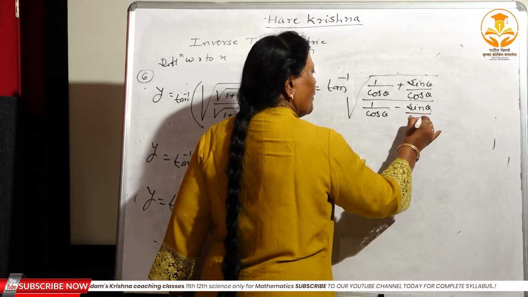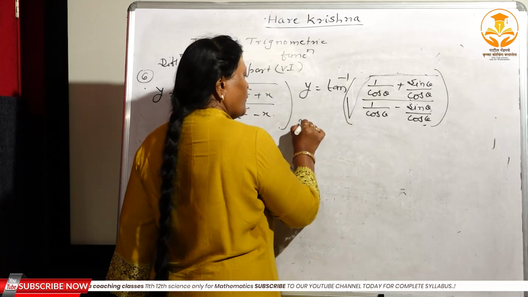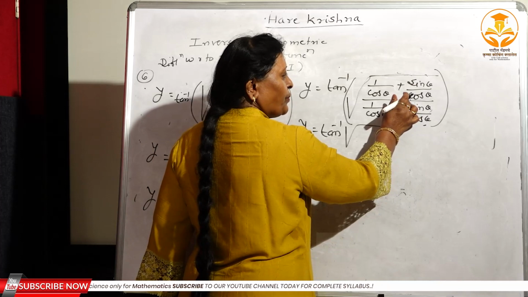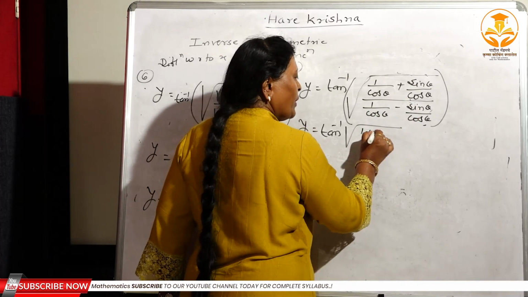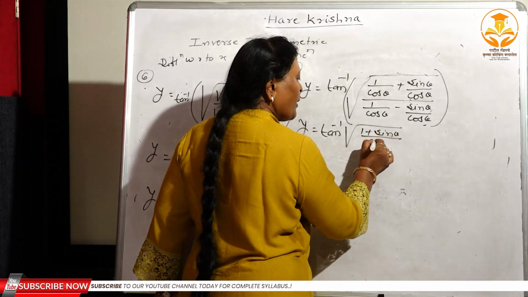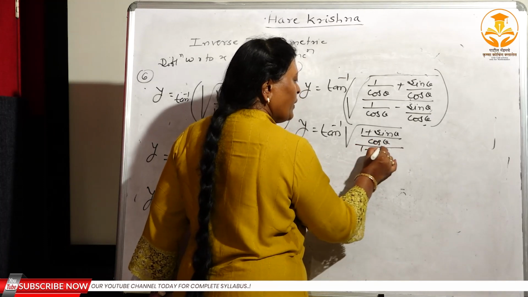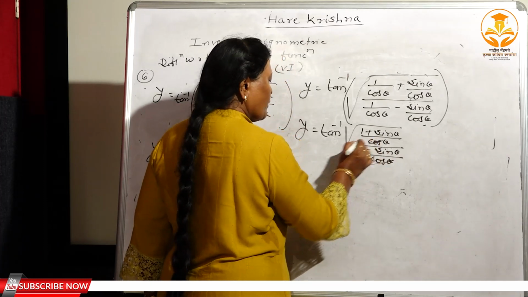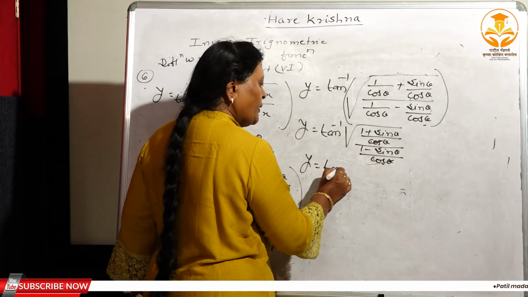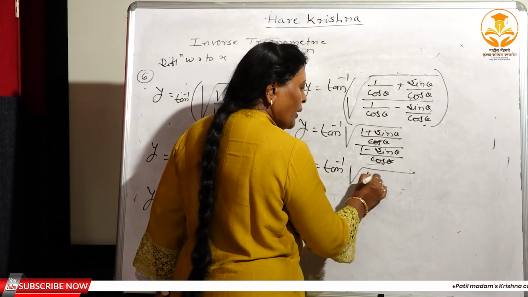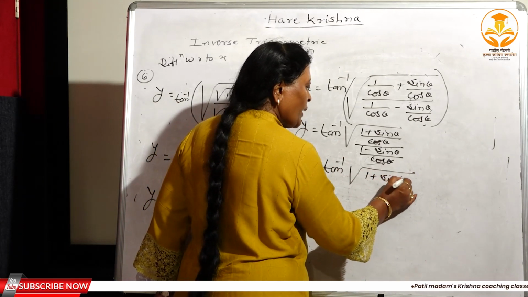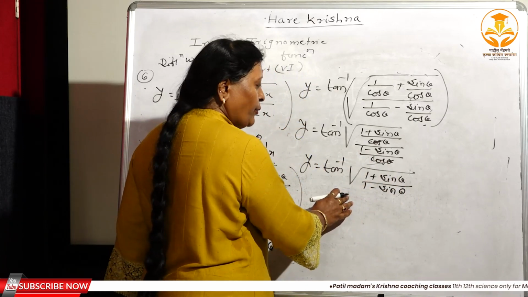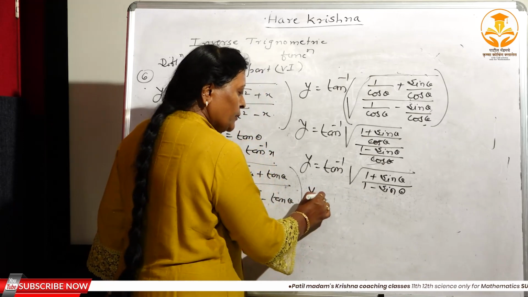Now the denominator is the same, so y is equal to the square root of 1 plus sin theta divided by cos theta, and in the denominator 1 minus sin theta divided by cos theta. Again cos theta gets cancelled, y is equal to tan inverse root of 1 plus sin theta divided by 1 minus sin theta. And such a type of problem we have already done, isn't it?